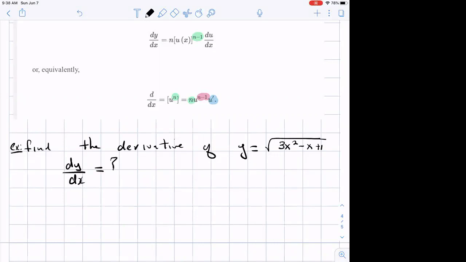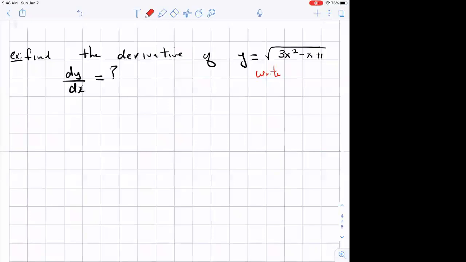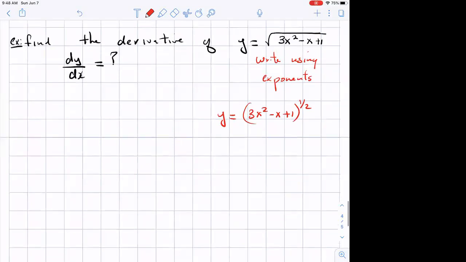See if you can try it on your own. Take 2 minutes and try this. The hint: write using exponents, because with the derivative you always subtract 1 from the power. So this is y equals 3x squared minus x plus 1 raised to the 1/2 power. Anytime you have derivatives, my suggestion would be to write it using powers.